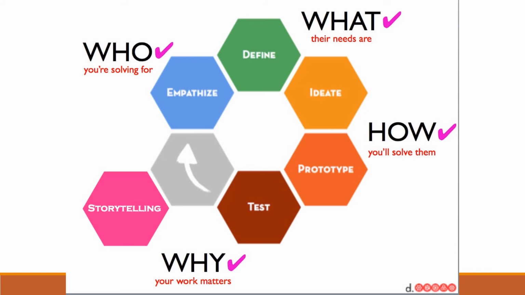So now the idea is to try to empathize and define. That's all. Ideating, prototyping, and testing, we are going to do that in the next semester, but now try to empathize and define in order to define a hypothesis that you will try to verify by designing a questionnaire or an interview.